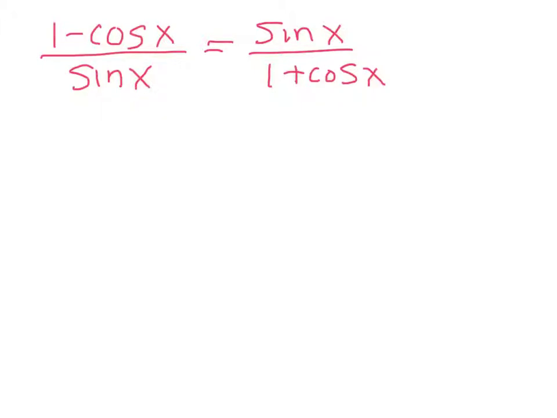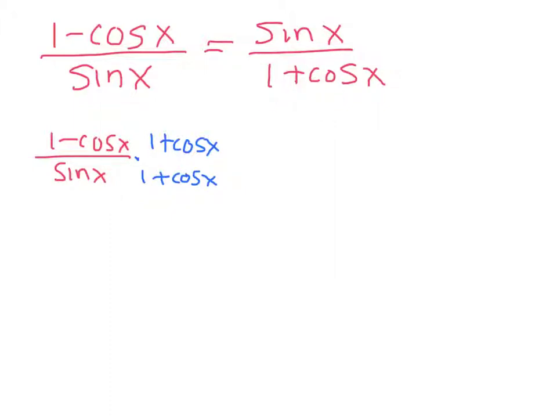So I'm going to use the special strategy, which is number 5, multiply one side of the equation by an expression equal to 1. So I'm going to take 1 minus cosine x over sine x, and I'm going to multiply it by 1 plus cosine x over 1 plus cosine x. This aids me because I'm making the bottom on the left side look more like the bottom of the right.